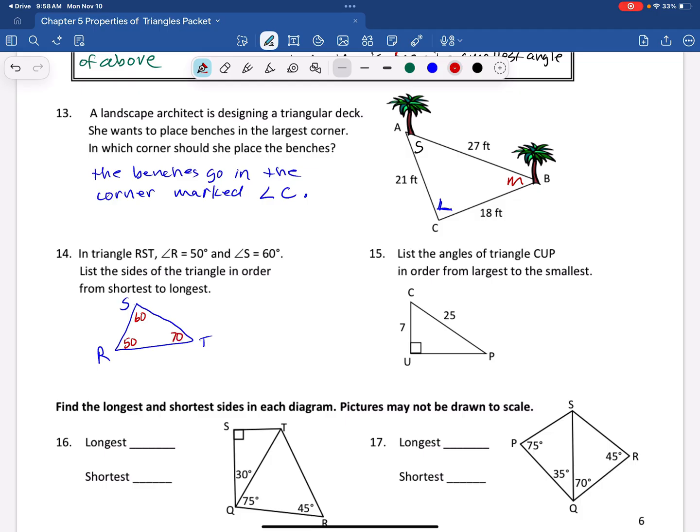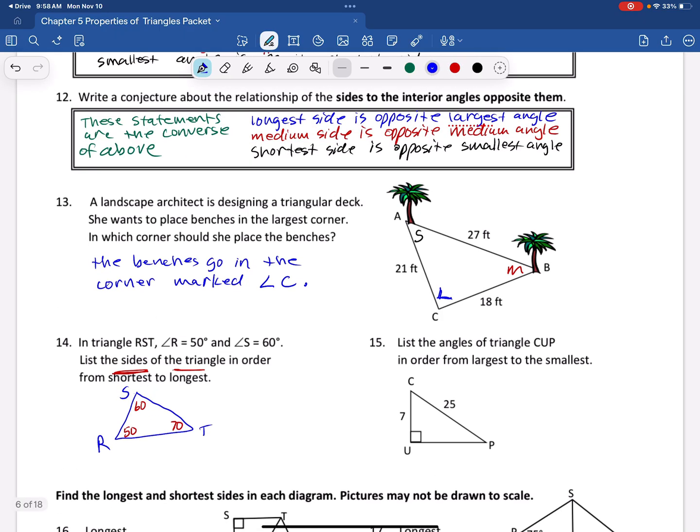All right, and so list the sides in order from shortest to longest. So I need smallest angle is opposite shortest side. So then I've got 50 goes towards the ST, so that's going to be the shortest side.